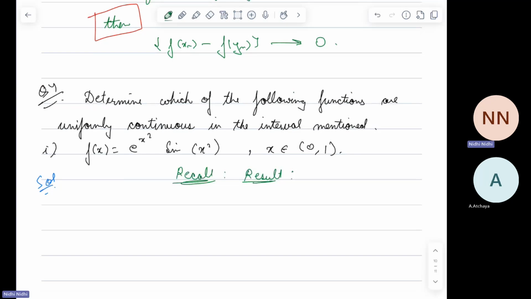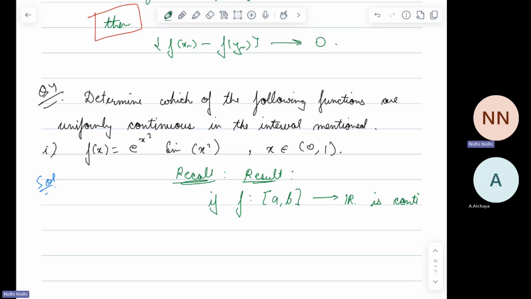We are working on the set of real numbers now. If f is a function from closed interval [a, b] to R, and it is continuous, then it is automatically uniformly continuous.